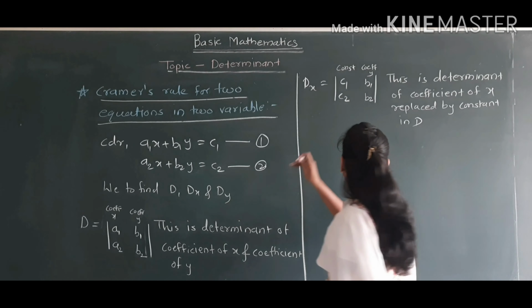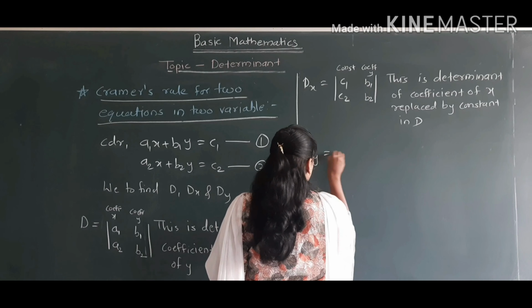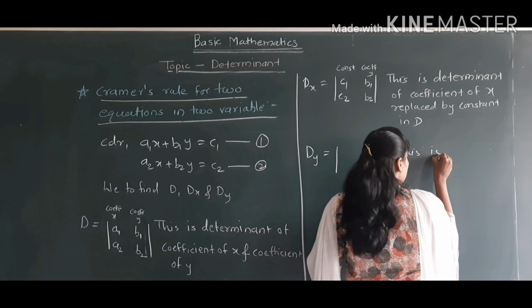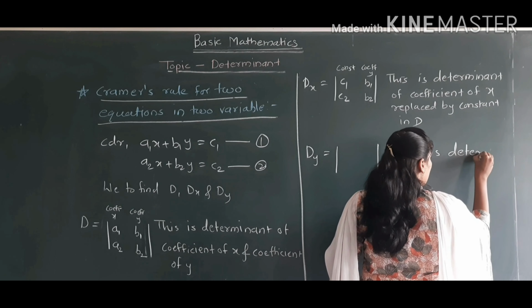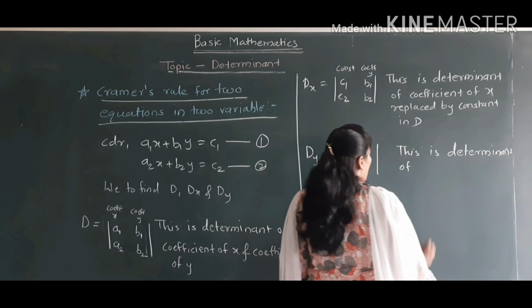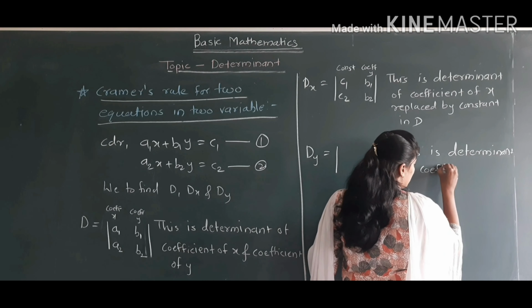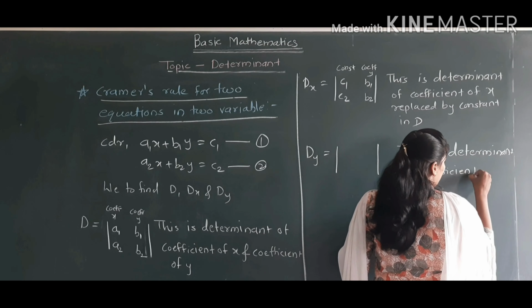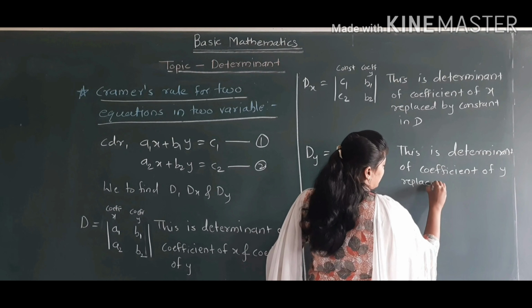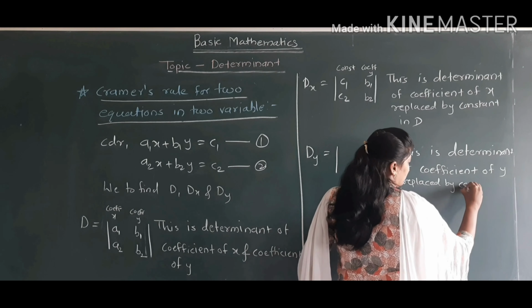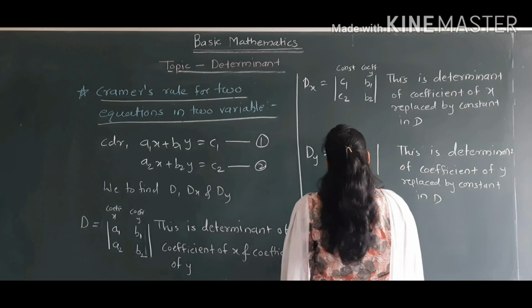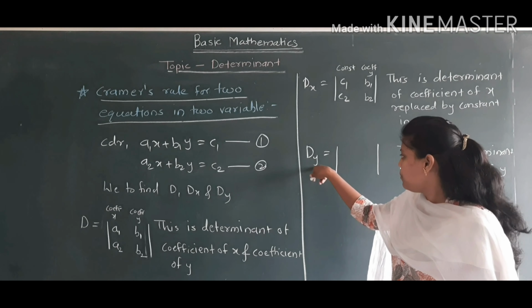Now find Dy. Dy is the determinant of the coefficient of y replaced by the constant in D. In Dy, it has the variable y.